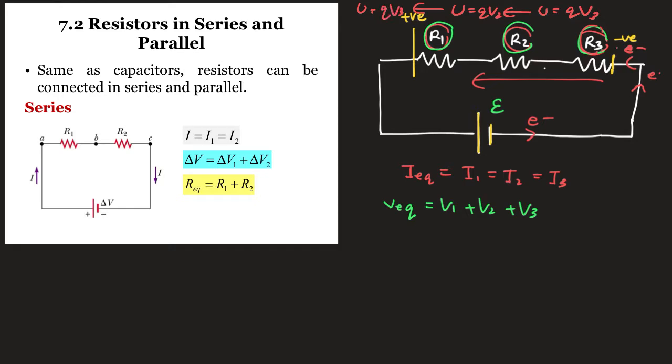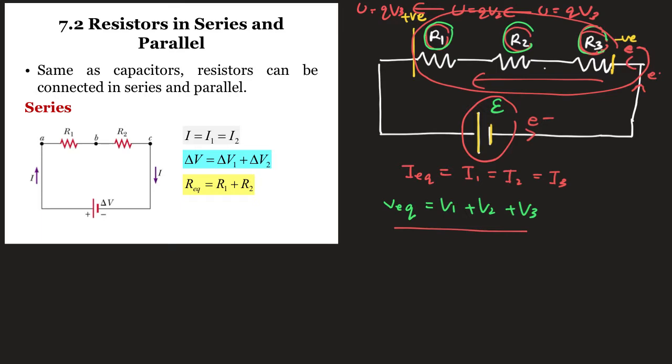So the total potential energy lost will be equivalent to the potential energy provided by the battery, and the potential differences at R3, R1, and R2 will be equivalent to the EMF of the battery.